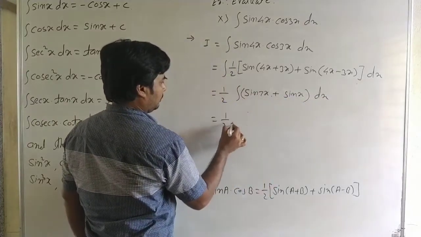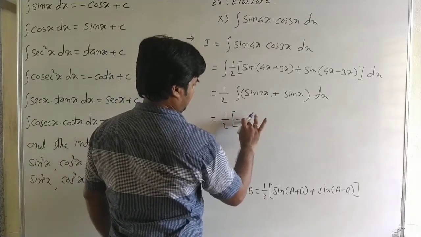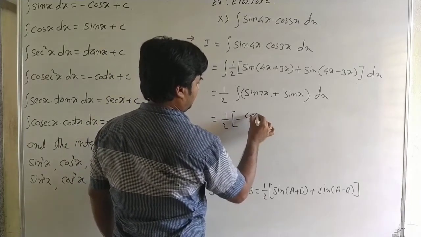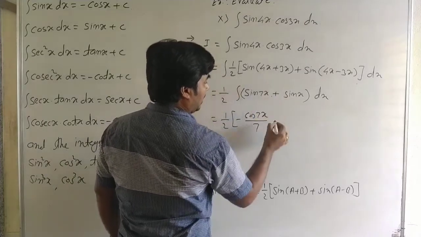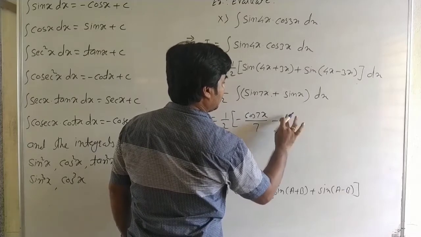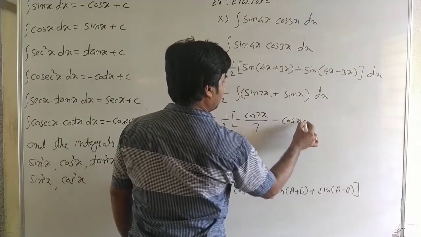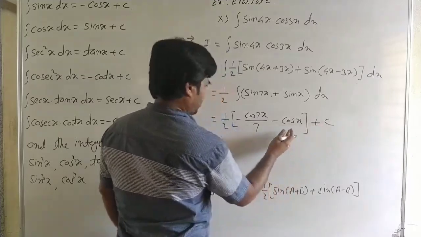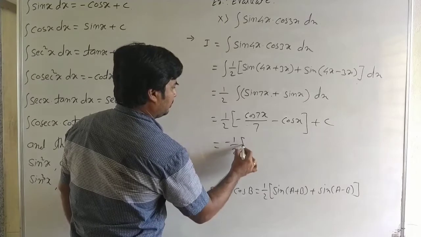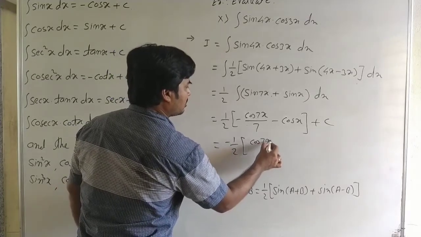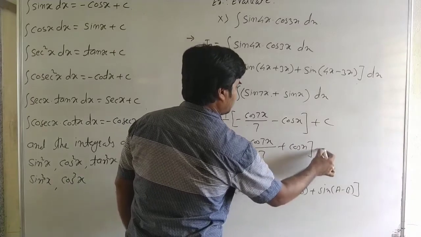It is 1 by 2 times minus cos 7x upon 7, and minus integral of sin x, which is minus cos x, plus c. We take minus common, or write as it is: minus 1 by 2 times cos 7x upon 7 plus cos x plus c.